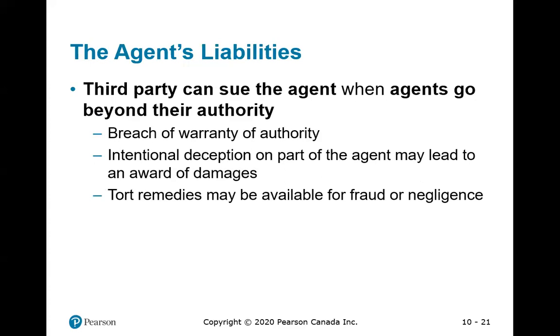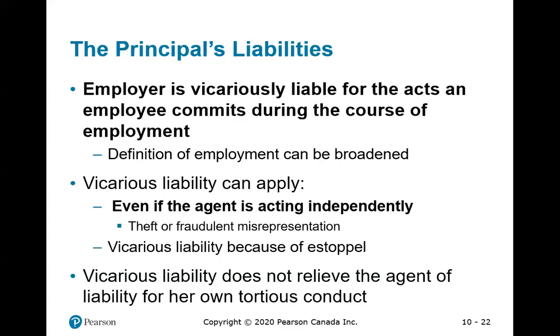The agent may be liable to the third party when they go beyond authority, as I mentioned before. Also, vicarious liability is applicable if the agent is within the scope of authority. If the agent is beyond authority, vicarious liability is not applicable in principle.